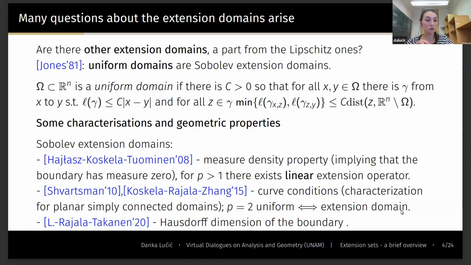What we have also studied in collaboration with Tapio Rajala and Danka Lučić are some bounds on the Hausdorff dimension of the boundary, for instance. And as I already said, people study many other questions about extension domains.